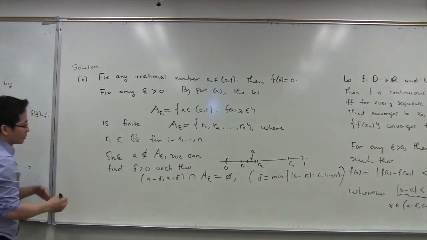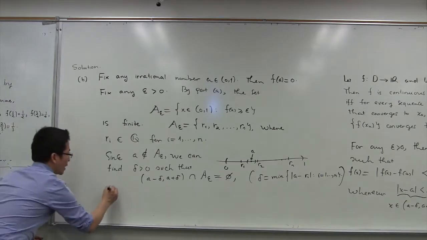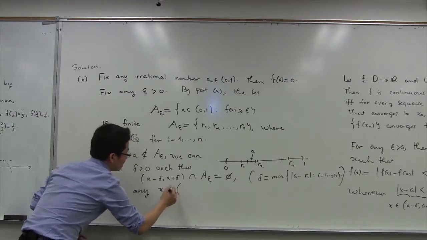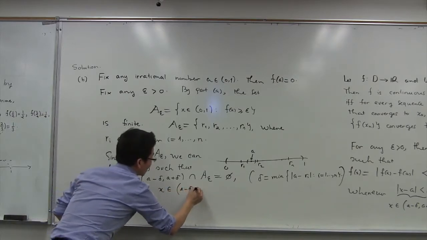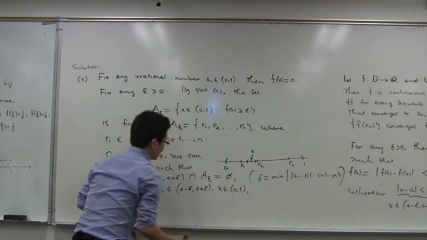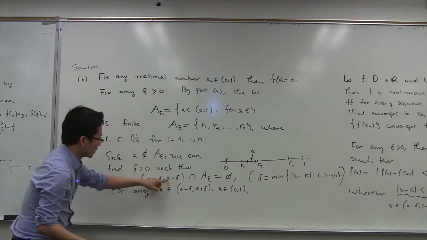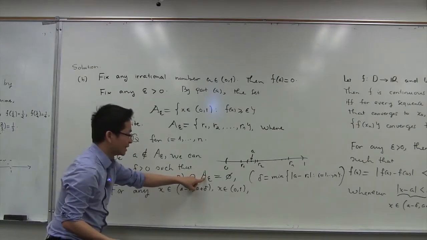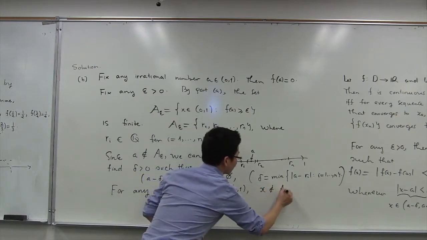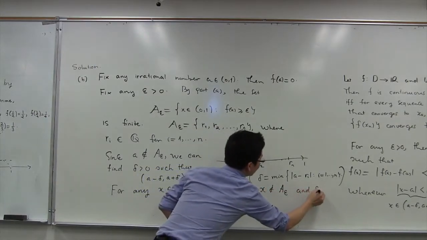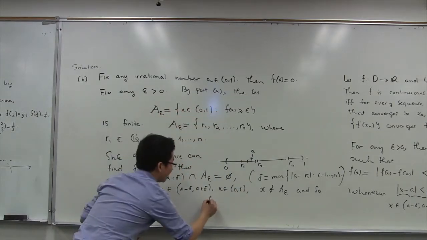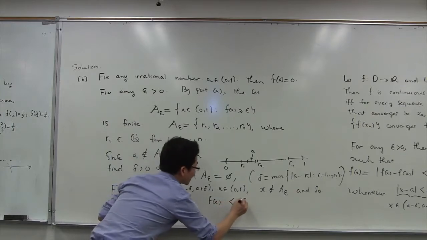Now from here we're going to see the following. For any x in the interval (a minus delta, a plus delta), and x is in the interval (0, 1), we see that x cannot be in A_epsilon. And so, because x is not in A_epsilon, f of x has to be strictly less than epsilon.